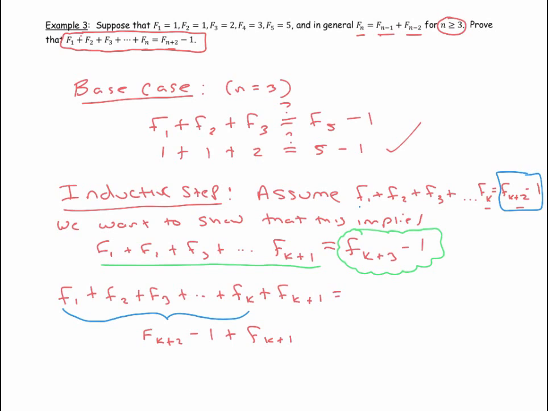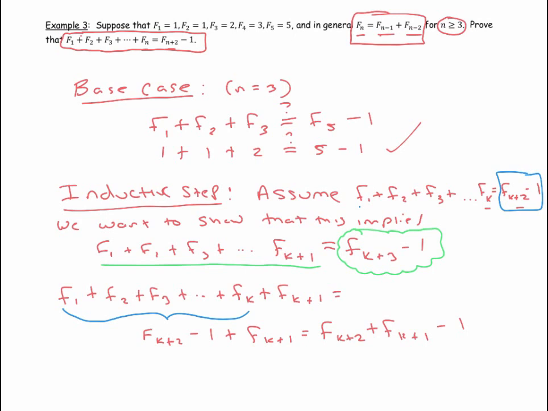But the other thing we can use is just the original recursive formula for the Fibonacci numbers, right? Any number in the Fibonacci sequence is the one before it plus the one before that. And if you look at what I have here, if I just rearrange this, I'm going to write these first two terms first.